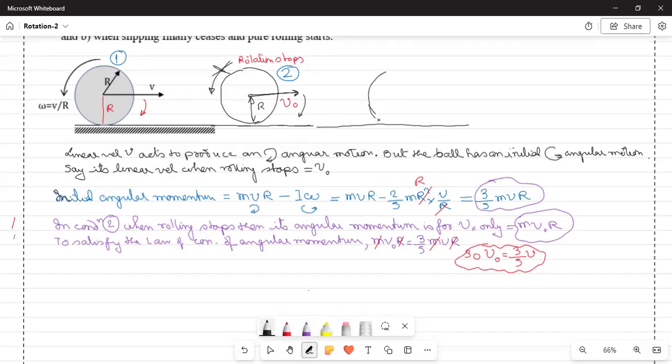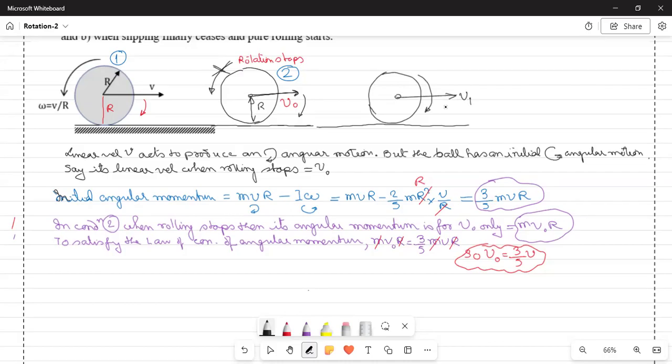This sphere will start going forward with a rotation in the clockwise direction. With the rotation in clockwise, say this velocity is v1.